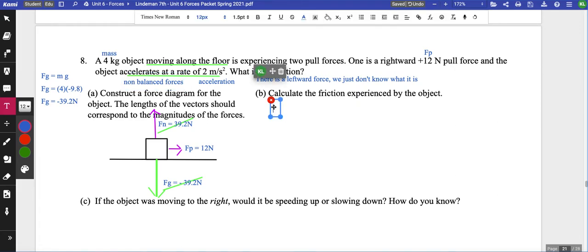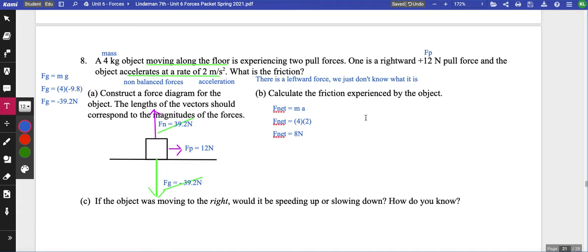So let's go ahead and solve for net force. Net force is equal to mass times acceleration. So our mass is 4, our acceleration is 2. So F net is equal to 8 newtons.